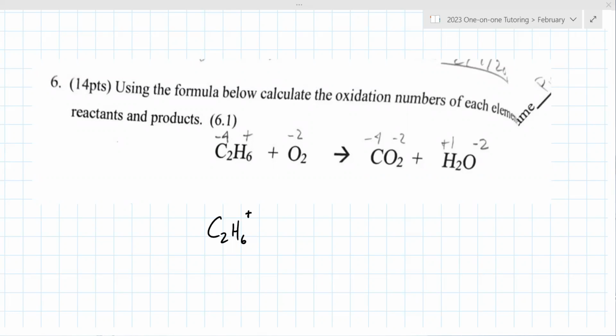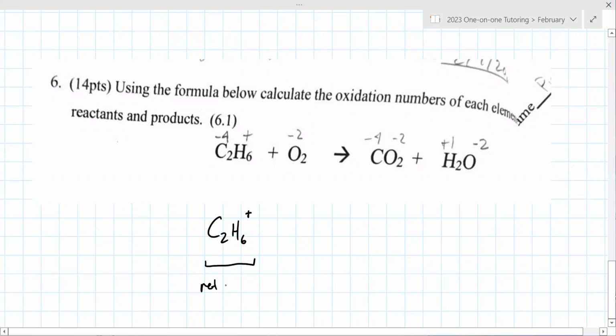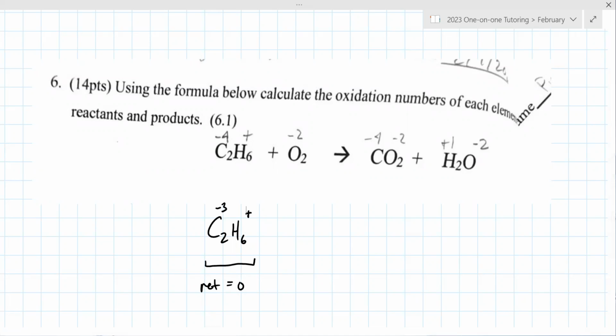Okay. Yeah, and this is what I was sort of thinking. So it does appear that the idea is that the net has to be 0. So we know that H is plus, and you can go off of that and say, all right, that's fine. So the C2 must be -3 to make it 0. That's what I'm seeing as sort of standard.